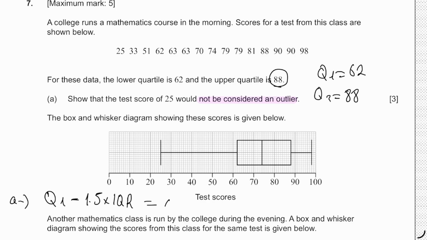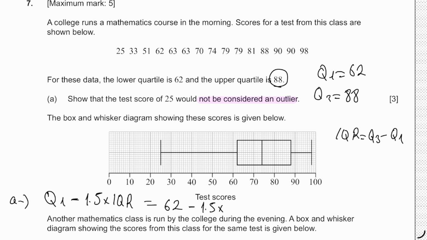What is Q1? 62 minus 1.5 times interquartile range, which is Q3 minus Q1, which is 26, I believe, right? Yes.